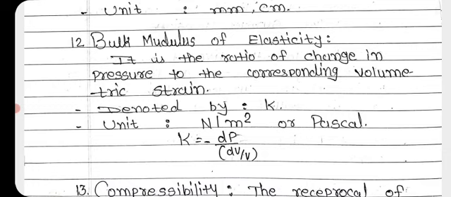Bulk modulus of elasticity is denoted by K, and K is equal to minus dP divided by dV by V. dP is the change in pressure, and dV by V is the volumetric strain, change in volume divided by original volume. Its unit is Newton per meter square, meaning Pascal.